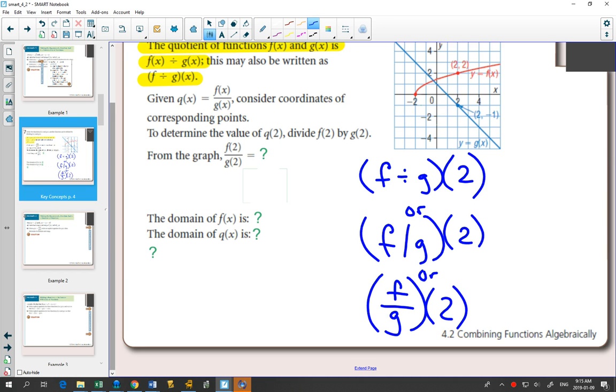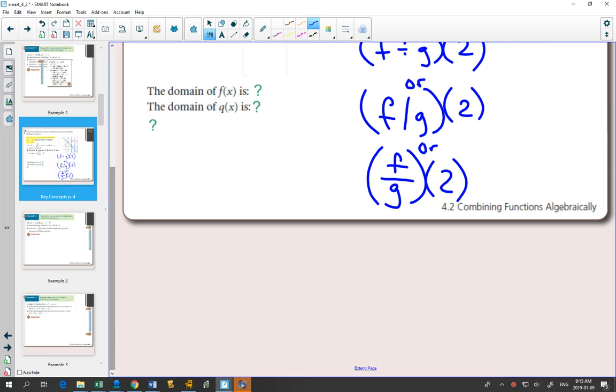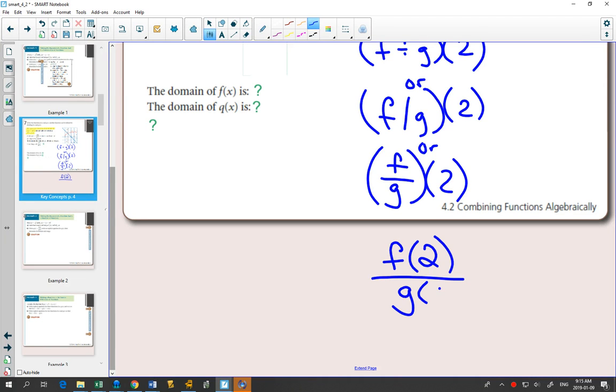Can you see how all of those would throw you off? They throw me off. I would take them and change them to be f of 2 divided by g of 2, something that you can understand a little bit better.